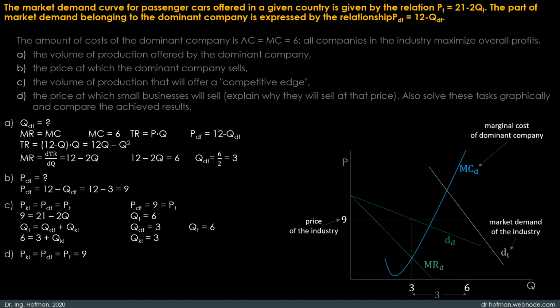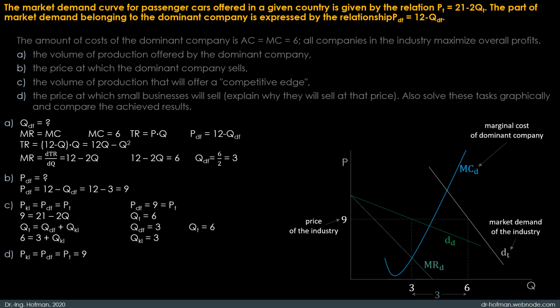In question B, you are asked about the price at which the dominant company sells. We know that the price is 12 minus QDF. Here 12 minus 3. So it is 9 euros. Whereas in A the QDF was 3 pieces of the product.